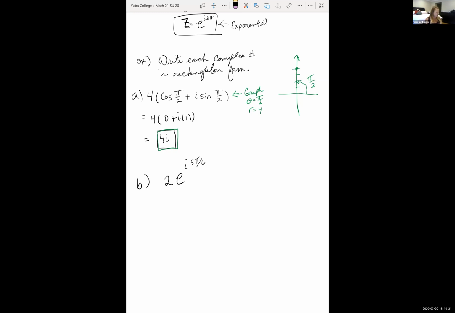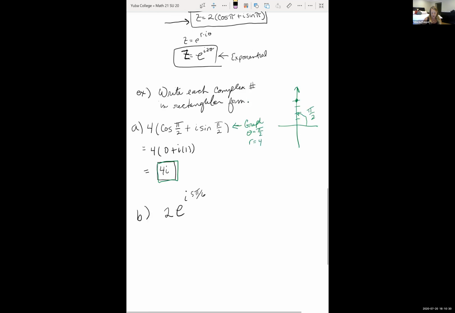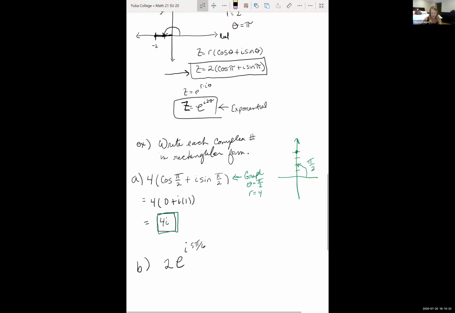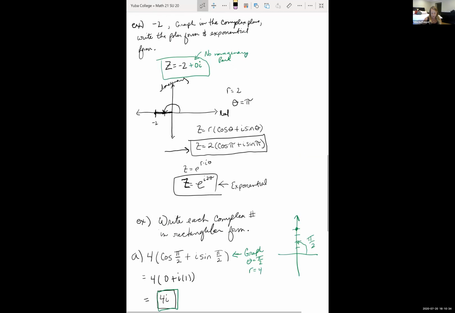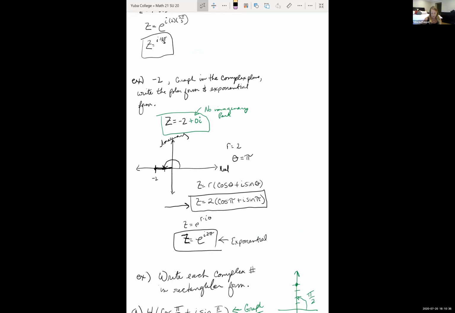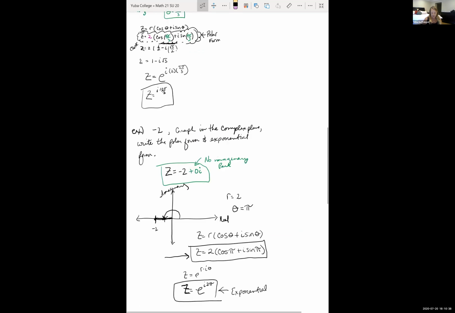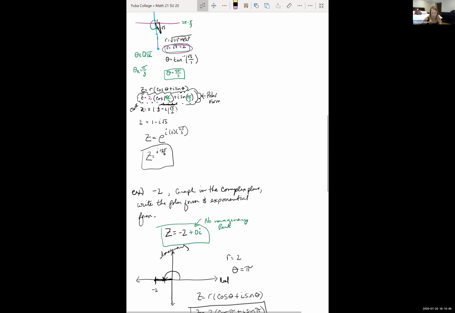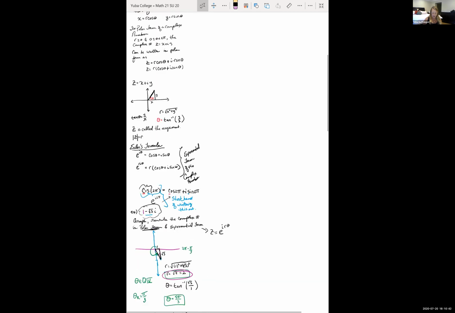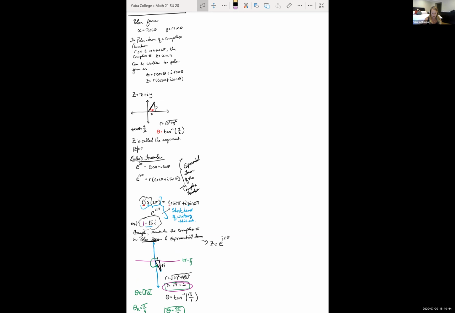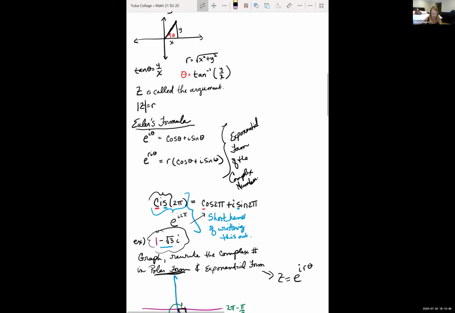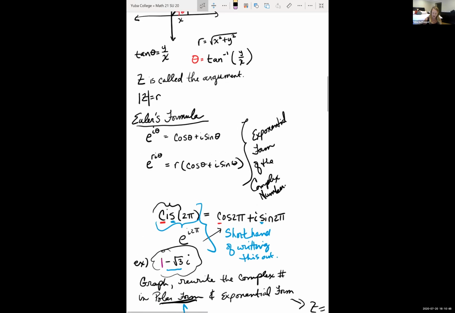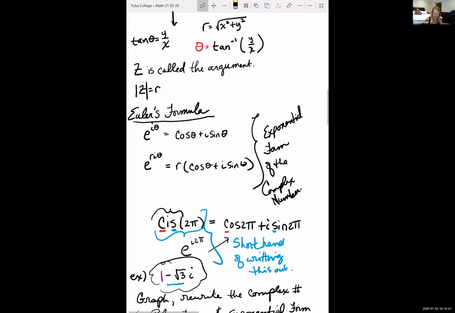Error. I made an error. It didn't matter right here. It's back here where the Euler's form. We're going to go back there. That r is not in the exponent.